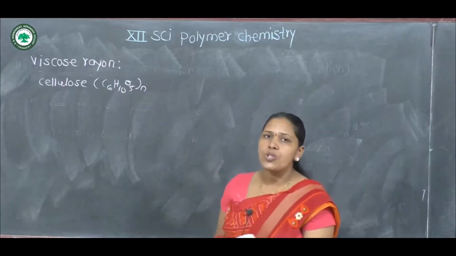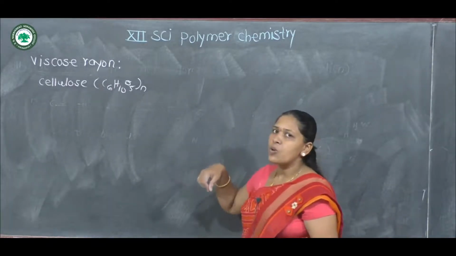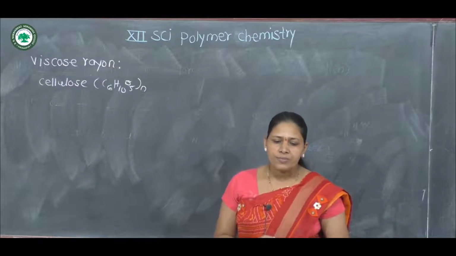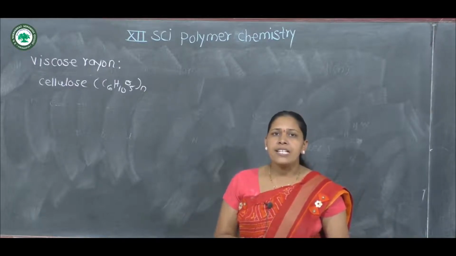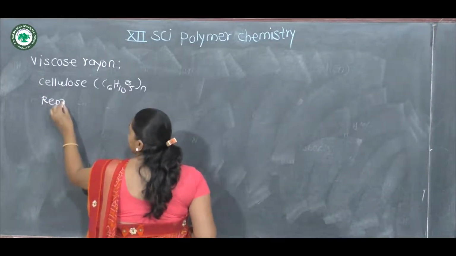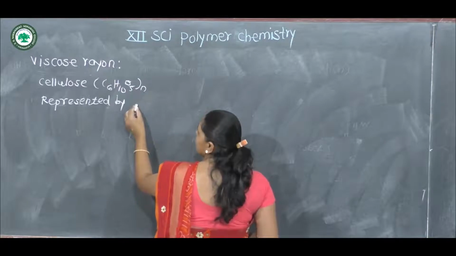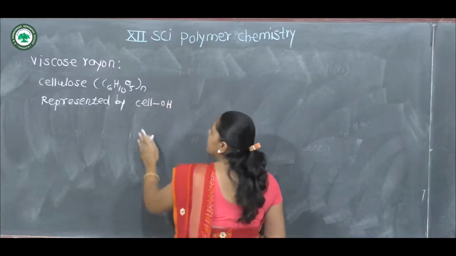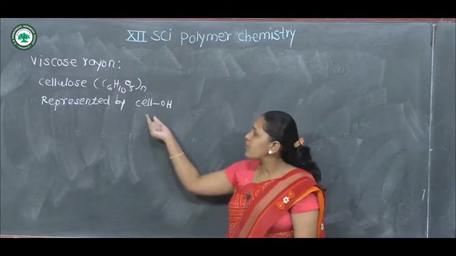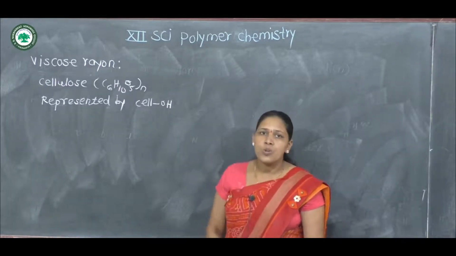The modified representation of cellulose is Cell-OH, where Cell stands for cellulose and OH stands for the hydroxyl groups of the glucose units.